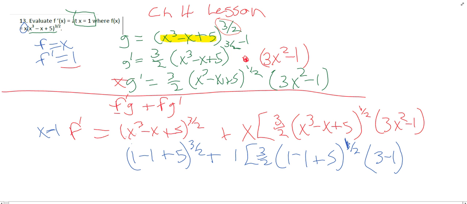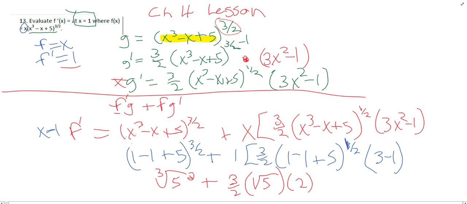And of course this is just 5 to the 3/2 power. Let's change colors. We have 5 to the 3/2 power. It's really tough to write with this. And then we have plus 3/2, and this is just 5 to the 1/2 power, the square root of 5, times 2.